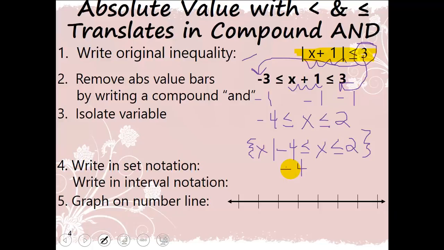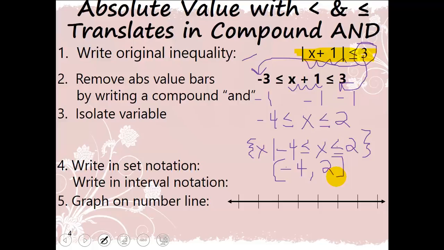My largest value is 2. And then I have to decide whether I have parentheses or brackets. The negative 4 is associated with this inequality symbol, so that means it's a bracket. The 2 is associated with this inequality symbol, so that means that it is also a bracket.